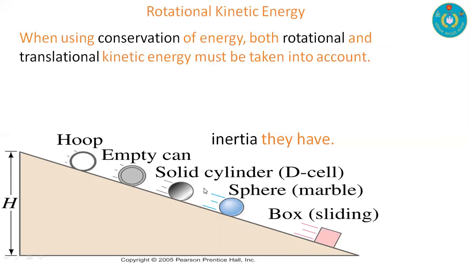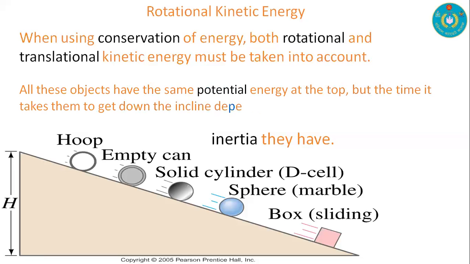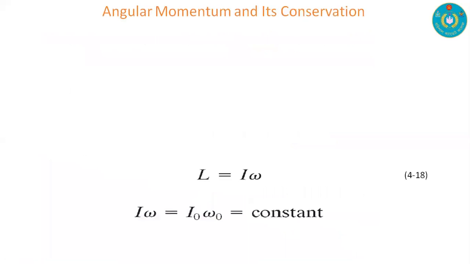If the inertia is higher, then the object is slower. All these objects have the same potential energy at the top, but the time it takes them to get down the incline depends on how much rotational inertia they have.